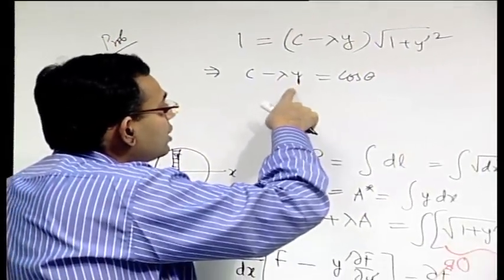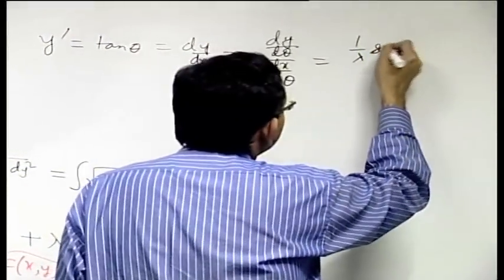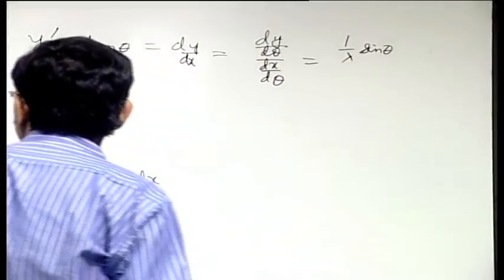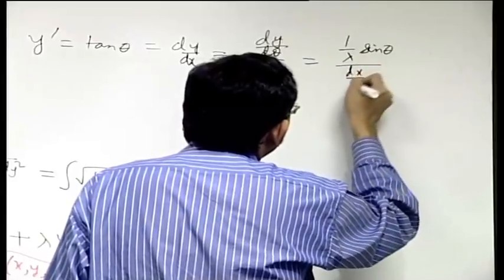So dy d theta will be 1 by lambda sin theta. Since you know y, you can write dy d theta divided by dx d theta.